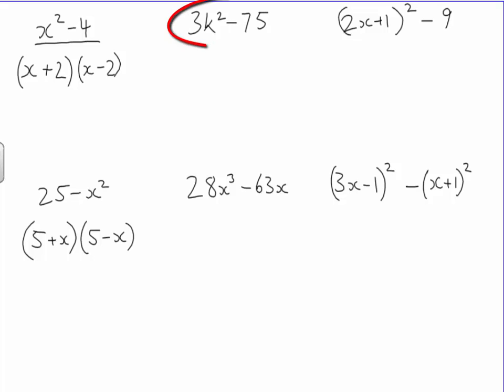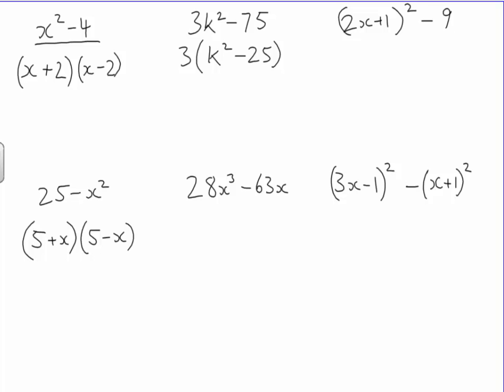Now, neither 3k squared or 75 are square numbers. What I need to do here is I need to take out a common factor first. 3 goes into 3k squared, and 3 also goes into 75. So I'll take 3 out the front of a set of brackets and put inside here k squared take 25, because 3 times 25 is 75.